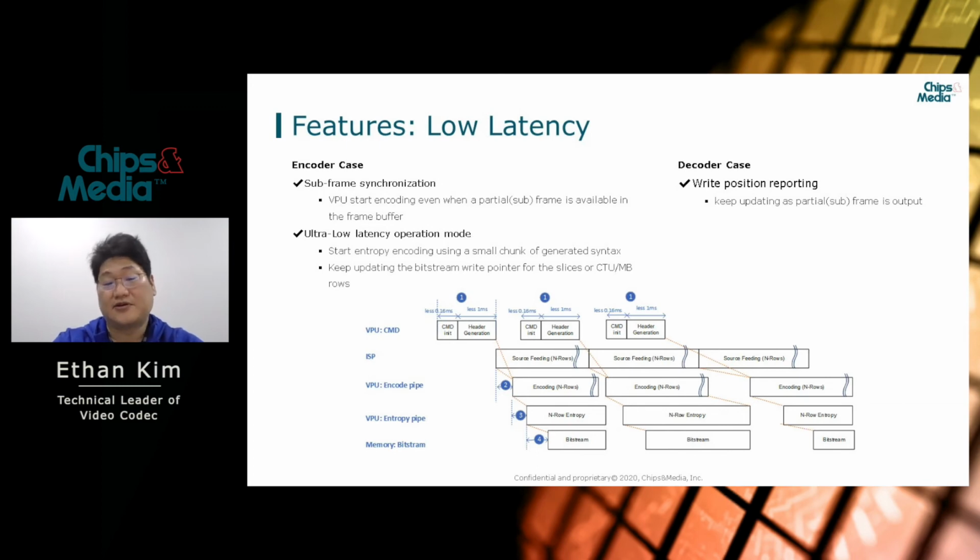Thus, the host can send it as soon as it is encoded by monitoring the registers. The decoder also has a similar feature. It updates the write position of the decoded output frame buffer for every CTU row. Thus, the host can start to display it as soon as it is decoded.